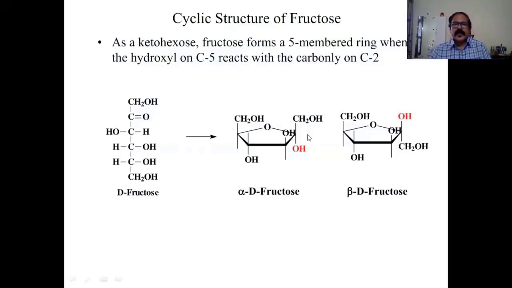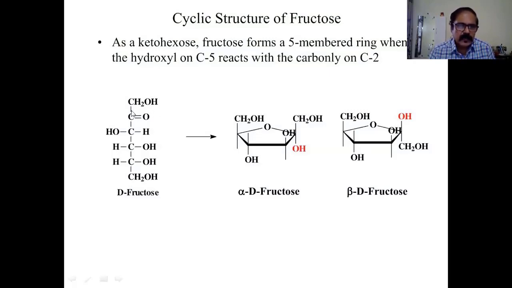Cyclic structure. Glucose will be in the cyclic structure, and mostly it prefers to stay in a 6-membered ring. But fructose can stay in a 5-membered ring and a 6-membered ring both. How is it forming a 5-membered ring and a 6-membered ring? Let us see the numbering first. First carbon, second carbon, third carbon, fourth carbon, fifth carbon, sixth carbon.